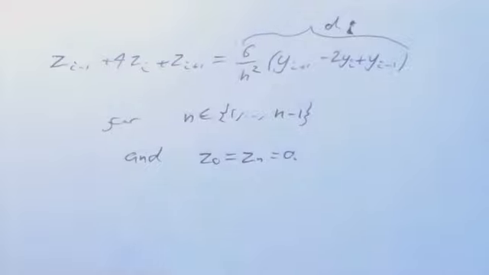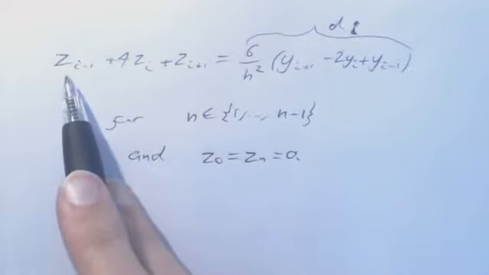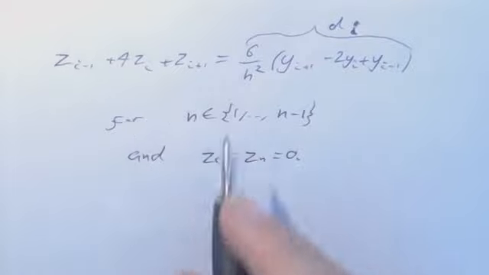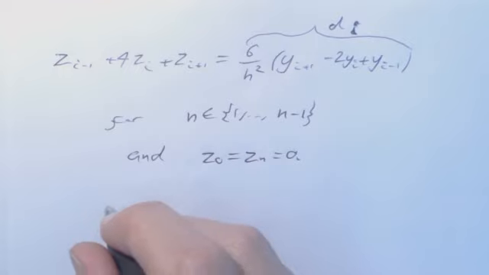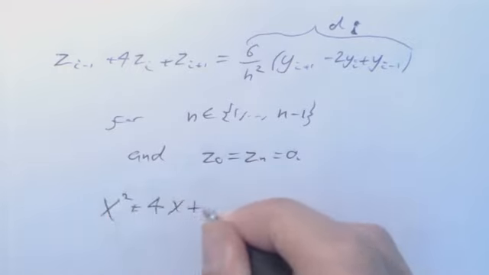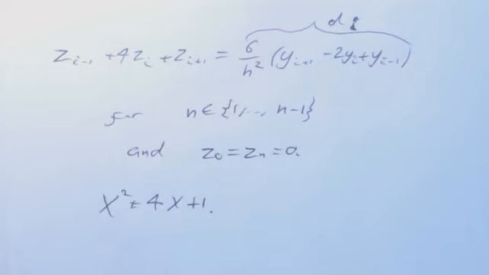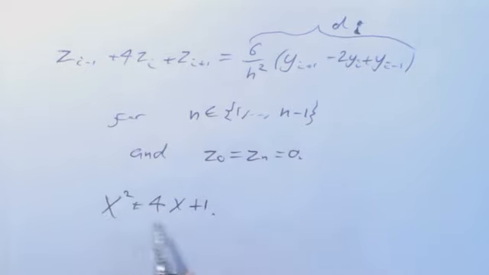And we saw how to find a solution and when it was a unique solution, and it revolved around the polynomial, which would have been, in this case, x squared plus 4x plus 1. And if the nth powers of the two roots of this polynomial were different, then we were guaranteed to have a unique solution to this set of equations.